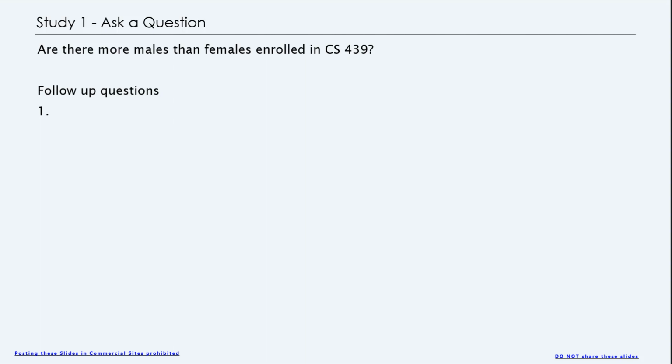So you'll have to infer the gender from the roster itself, from the name. Perhaps the first name might be a reasonable way to infer the person's gender. You don't have to be 100% correct, and as long as you can extract that information, you can answer that question.